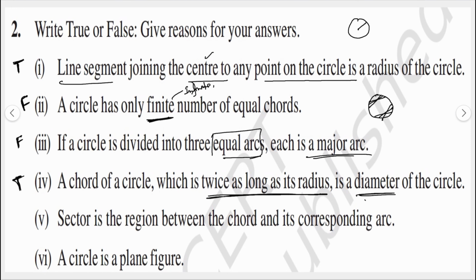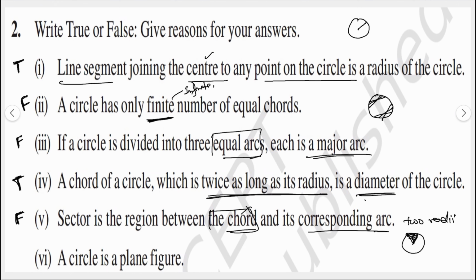Next is, a sector is the region between the chord and its corresponding arc. If you remember the definition, a sector is the region between the arc and two radii. So if we have the circle, a sector is the region between the arc and the two radii, not the chord, so this one is again false.